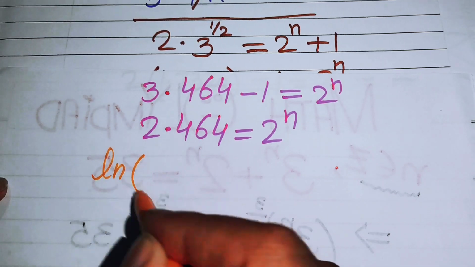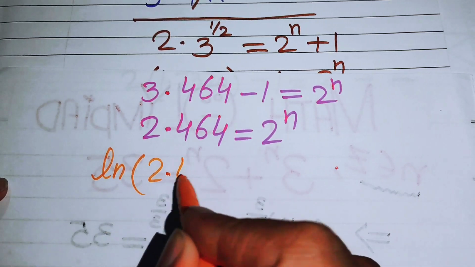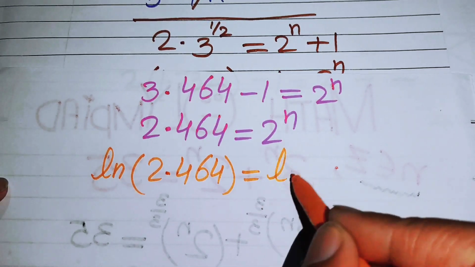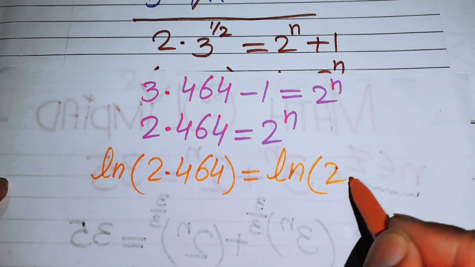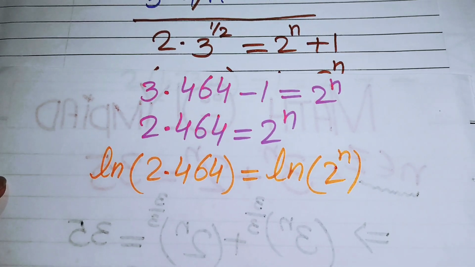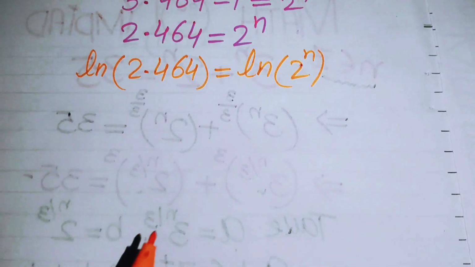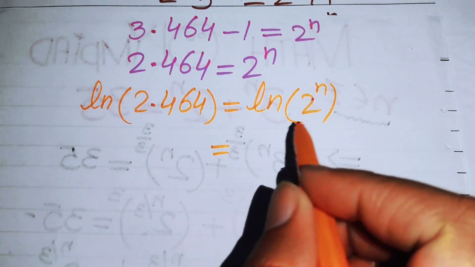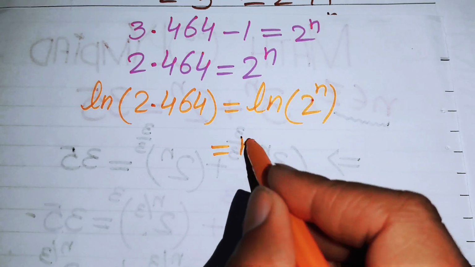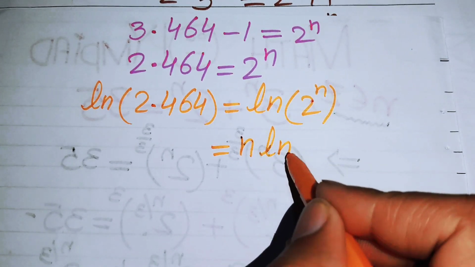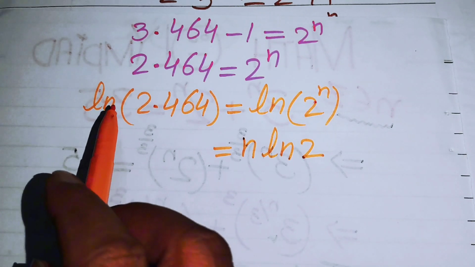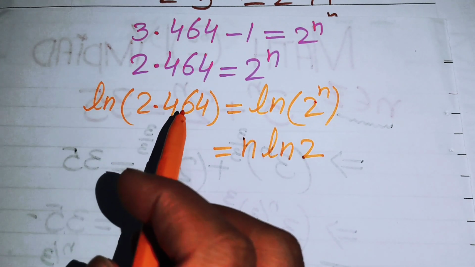So you get ln of 2.464 equals ln of 2 to the power of n. And now we use the nice properties of ln. In the right hand side, we will move this exponent in front of this ln, and we write it as n times ln of 2, and we have ln of 2.464.